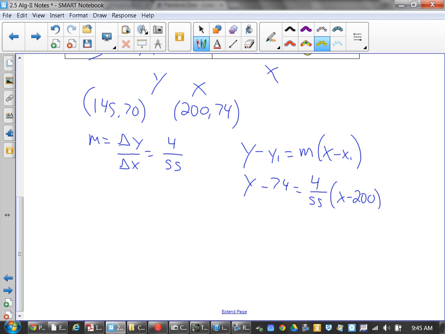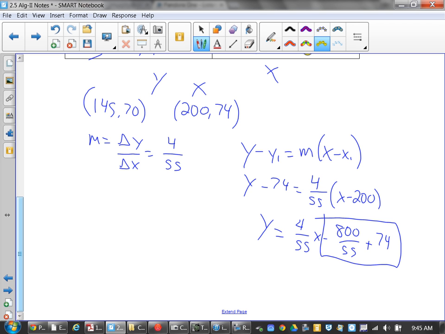It's fine. No problem. So now it's just a matter of using your calculator and getting y by itself. So you have 4 over 55x minus 800 over 55 plus 74. So you just need to figure out what that is. Negative 800 over 55, and you're going to add 74 to that.